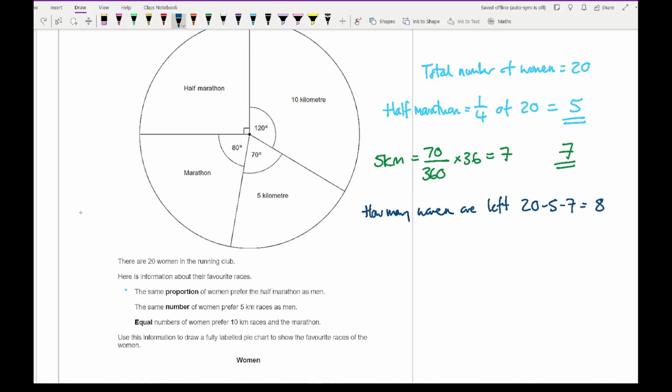So that means that in terms of the 2 races that are left, the marathon and the 10k, an equal number of women prefer the 10k and the marathon. So if I've got 8 women left, if I halve that, I'm going to end up with 4 and 4.